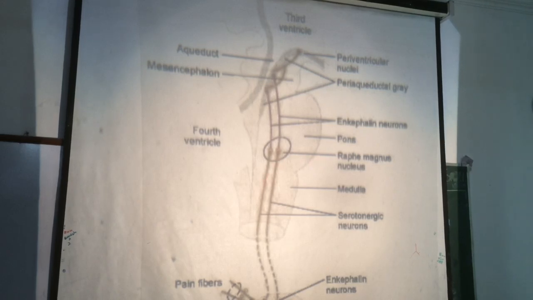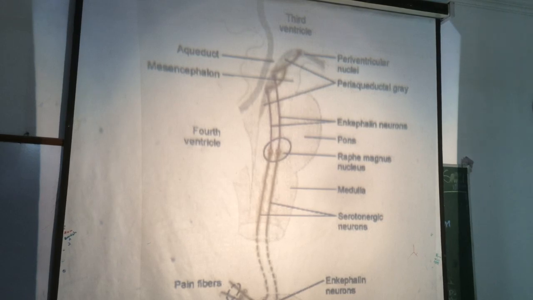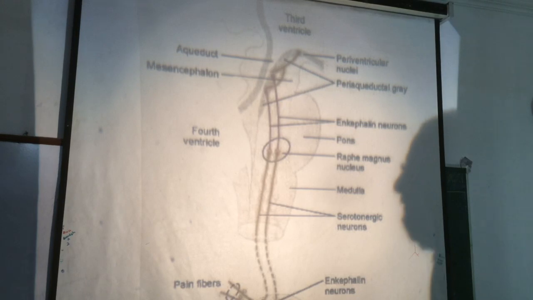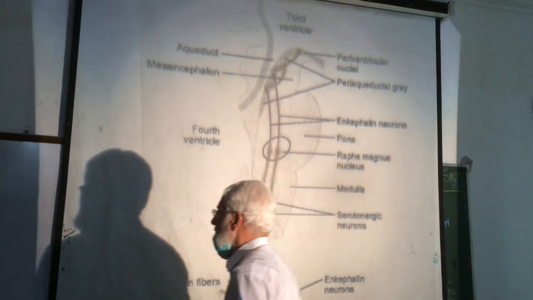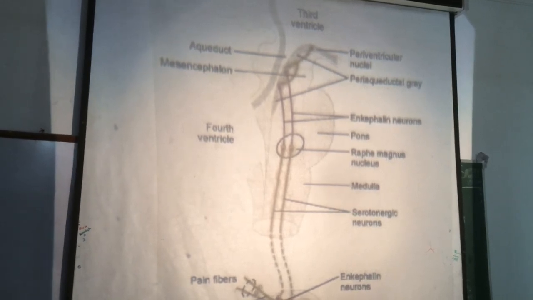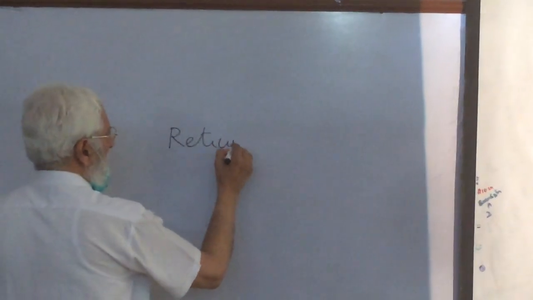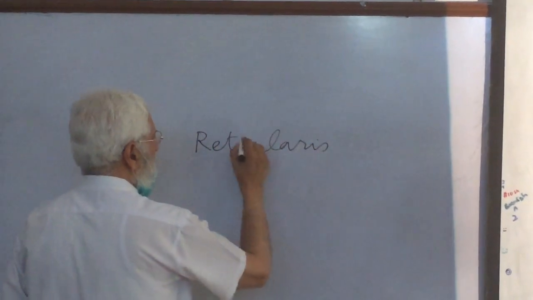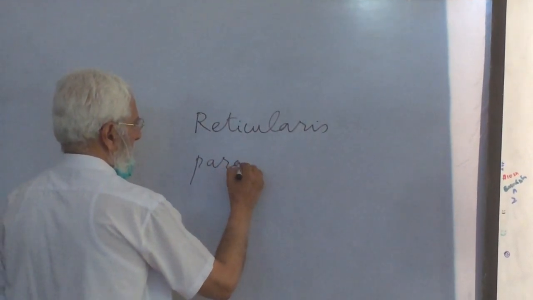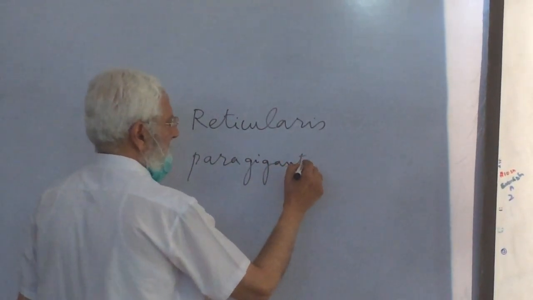Now in the medulla oblongata, another group of neurons is also included in the analgesia system, and that is the nucleus reticularis paragigantocellularis.